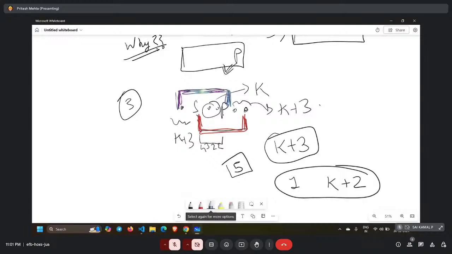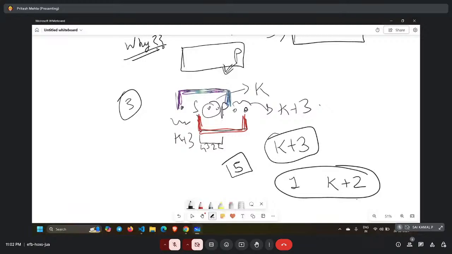But if we take the k plus 3 element here, we can't put, without loss of generality, say 2, anywhere at the side, because then one of the arrays must not have that element 2. So this is a contradiction. Now let us say both arrays have 5. Why should they both have 5?